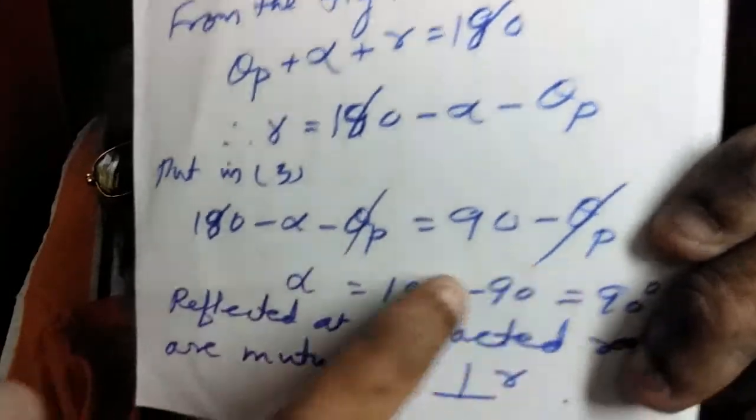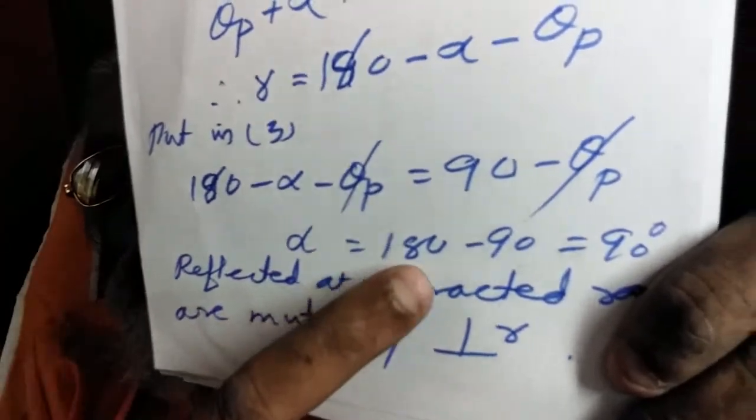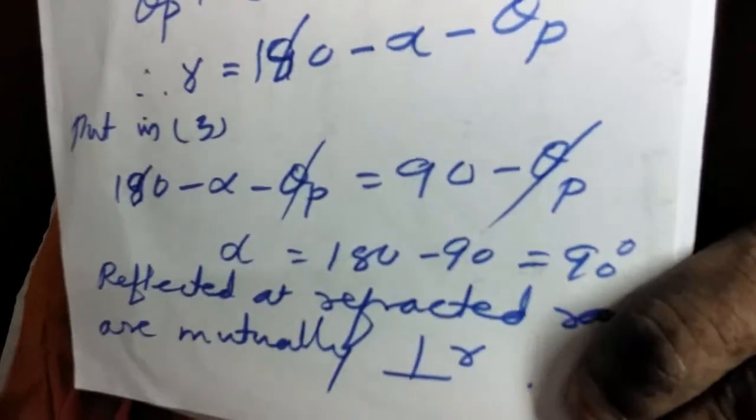Theta p minus theta p would go, then you get alpha equals 180 minus 90 or 90 degree. So the result is at Brewster's angle of incidence or at polarizing angle of incidence, the reflected light is 100% plane polarized, and that reflected light and refracted light are mutually perpendicular. That's the result. We will discuss the rest in the next part. Thank you.